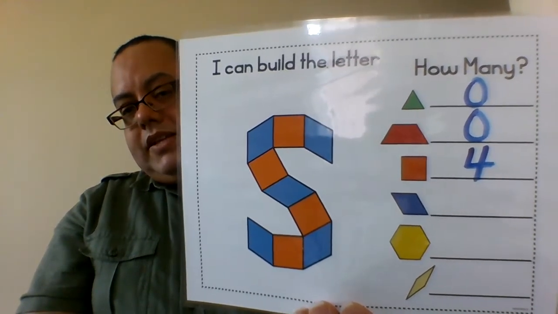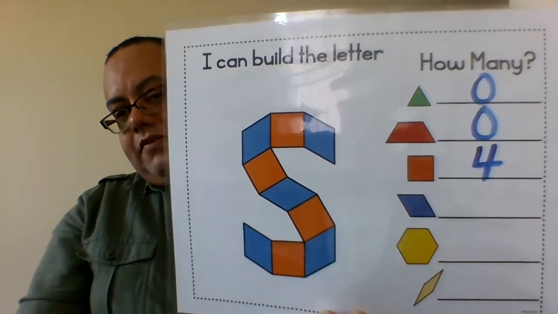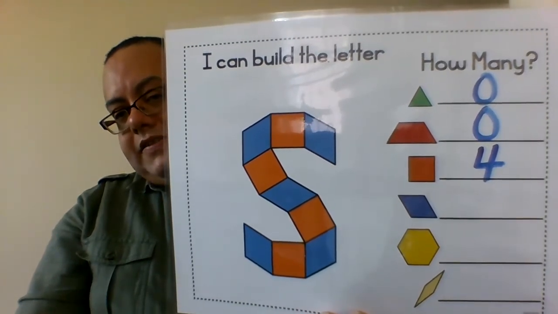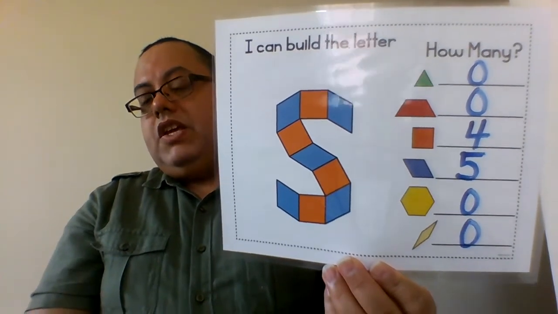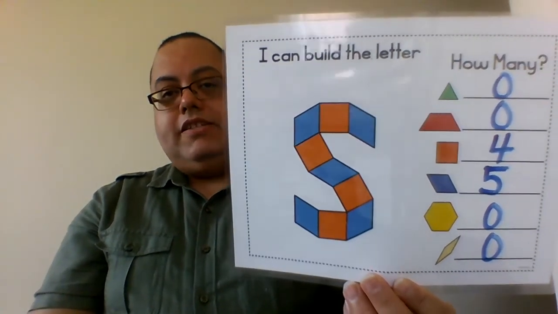The blue rhombus has how many on that letter S? 5. So, short neck, belly fat, number 5, wears a hat. And if you are paying attention for just a while, you should know that there are no hexagons and no beige rhombuses. So that's 0.